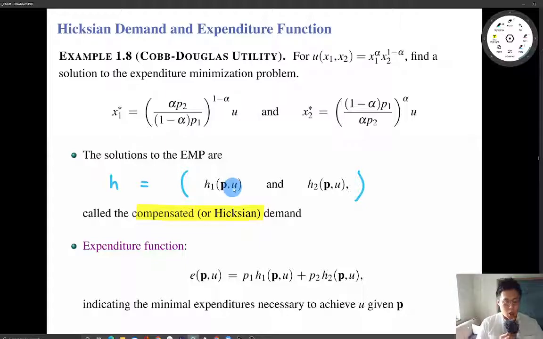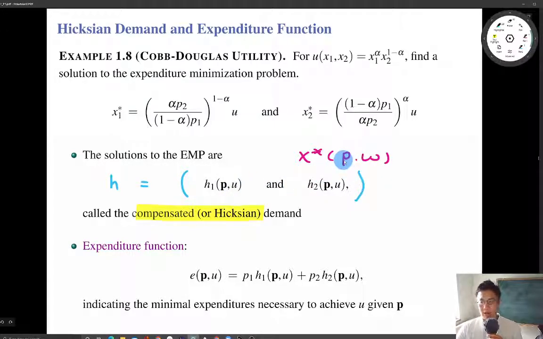But one notable difference is that the Walrasian demand function depends on p and w. x star depends on p and w. Both are observable, the price vector and wealth w are observable, right? But u, the target utility, is not observable by the analyst.